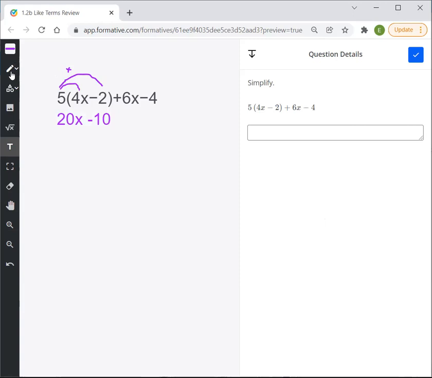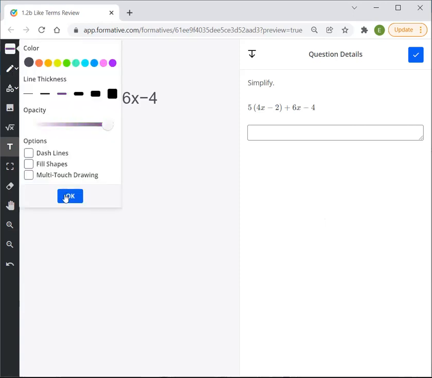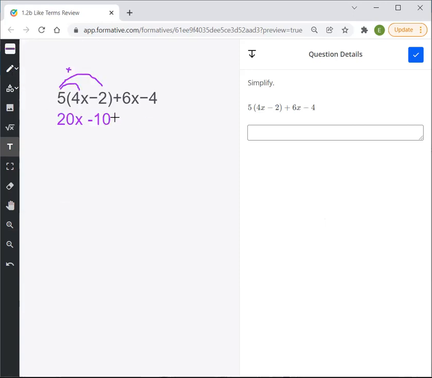It doesn't change at all because we haven't touched it yet. Okay, so it's still part of our expression. So go ahead and bring that plus 6x down. And minus 4. Okay, so it still stays with the expression.